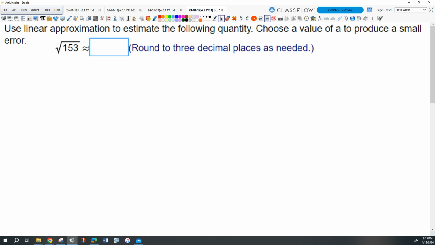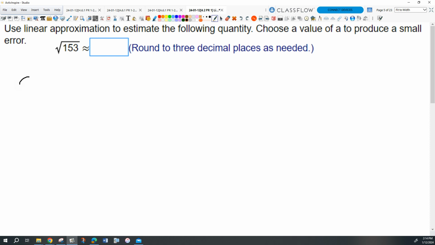We could, because although 153 is a very inconvenient square root, what would be a nearby convenient square root? 169. Okay, you could. Is there a closer one? 144. Aha. Okay. So then our function here, the implied function, is the square root of x, right?